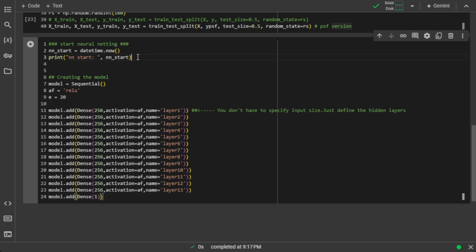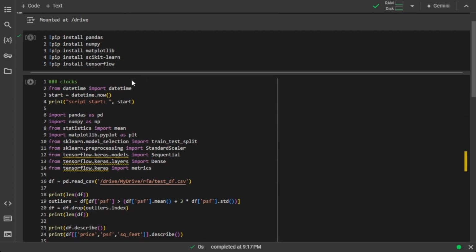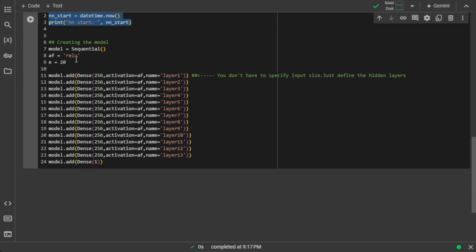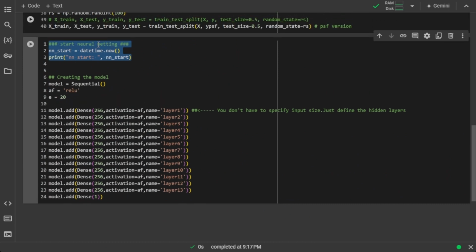So again, I've got my timer. We had the timer for the start of the script and another one to set the time when we start the neural net. So these are just some parameters that we're setting. This is the type of model. I'm not going to go into too much detail because ultimately you can rabbit hole as much as you want on any of these items. I'm just kind of showing what's up.